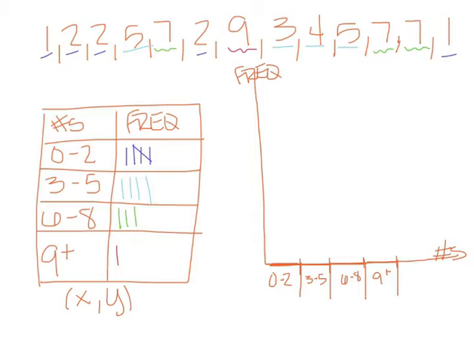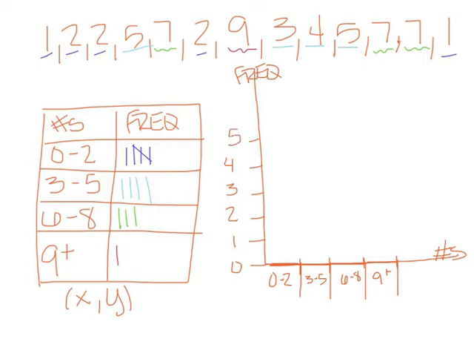Okay, so let's look at the frequency then. Looks like we have values between 1 and 5, so we'll go ahead and start at 0, and 1, 2, 3, 4, 5.